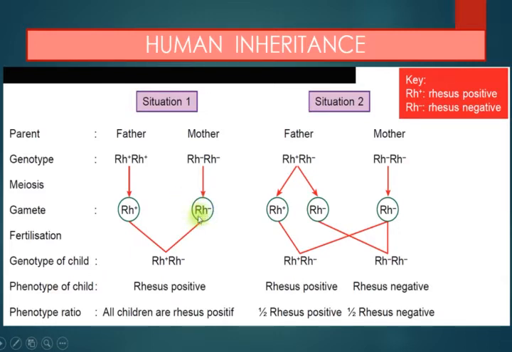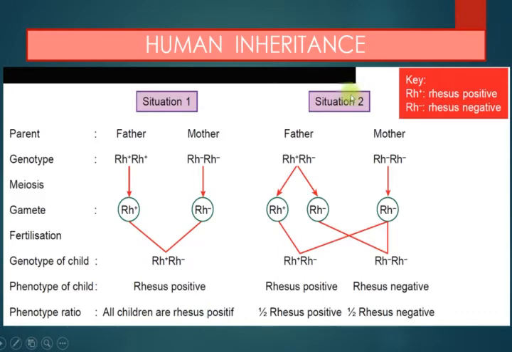After fertilization, the possible genotype of a child is Rh positive Rh negative. So the phenotype of the child is rhesus positive. All the children of this couple are rhesus positive.